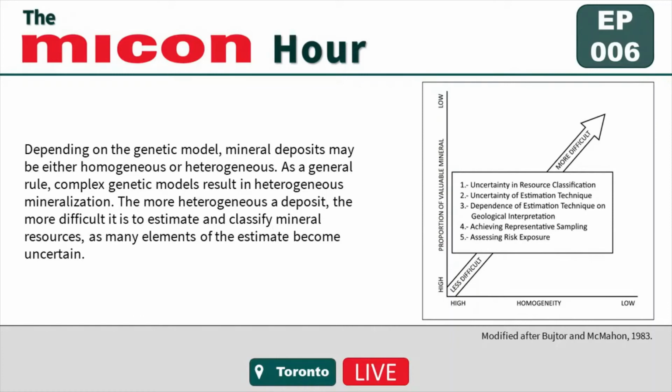And in such instances where the deposit is complex, heterogeneous, not uniform, it's always better to avoid allocating any part of the deposit to the measured class, regardless of a dense drilling pattern. So I'll get back to this later on.